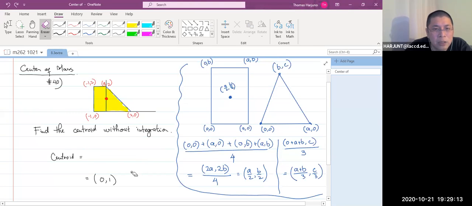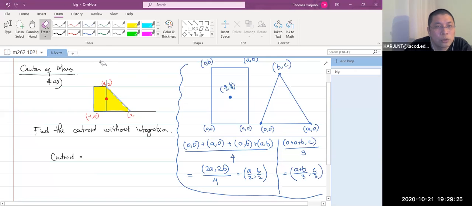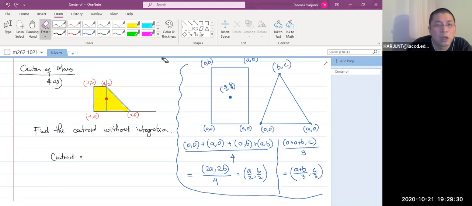I believe it is 0, something. But I was not sure about the y part. Yes, we need to do it separately, and then get the average of those two. You're right. That's actually the proper way to do it. I tried to shortcut that.